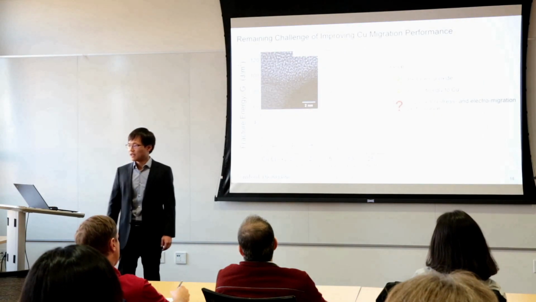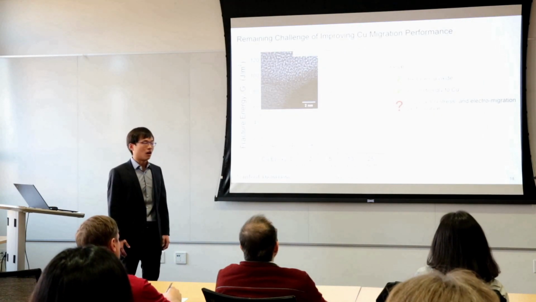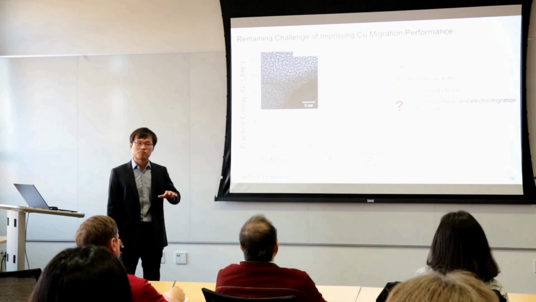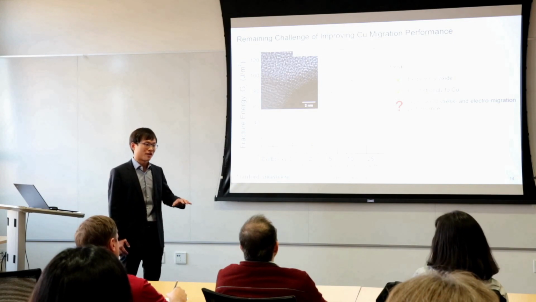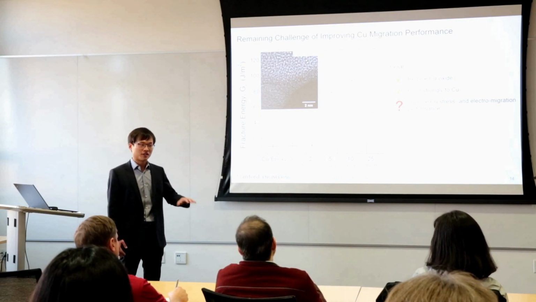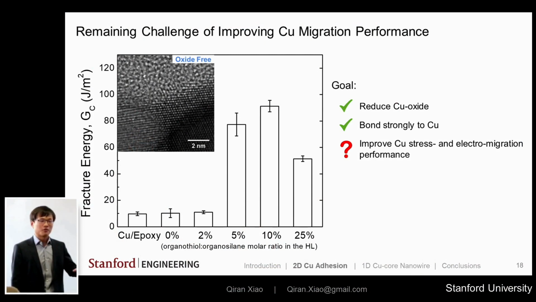If you remember at the beginning of this talk, we mentioned there are three parts that we want to address. One is the weak copper oxide reduction. The copper oxide reduction, one forms strong bond with the underlying copper, and the other is improve stress and electron migration performance.